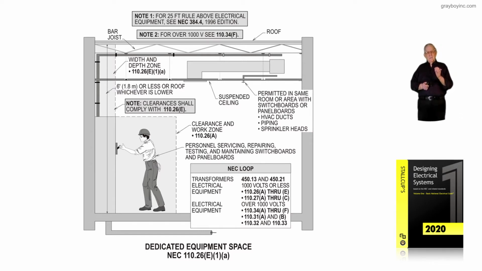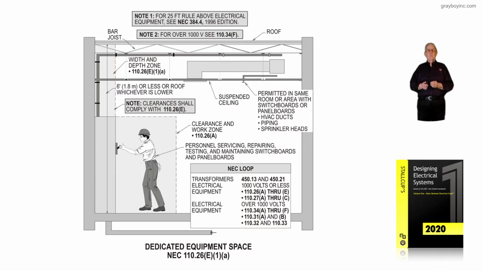And then notice in note 1 is some very important information, and it says it used to be 25 foot from the top of that equipment to the roof area. But notice that was in accordance in those days with 384-4. And in the 1996 NEC, in the new edition, they came up with a 6 foot rule, and that is for the protection of the equipment where you were entering and maybe exiting with conduits, cables, or whatever.